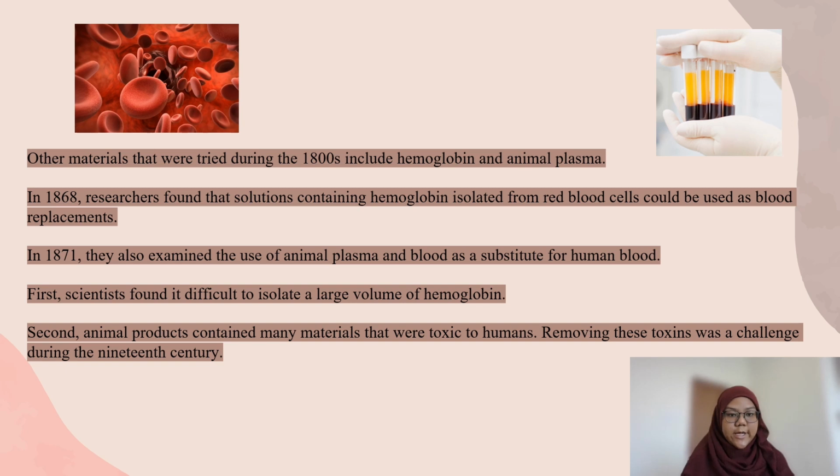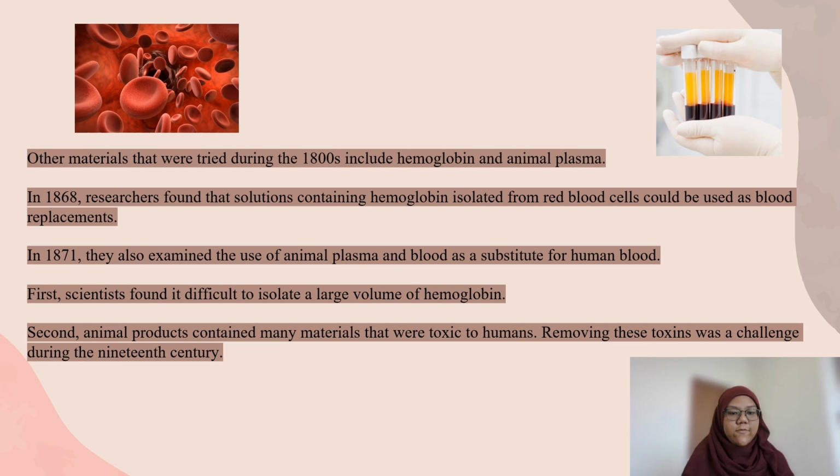In 1868, researchers found that a solution containing hemoglobin isolated from the red blood cells could be used as a blood replacement. In 1871, they also examined the use of animal plasma and blood as a substitute for human blood.